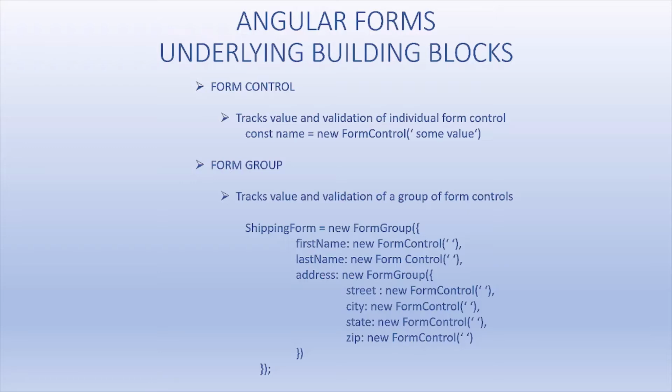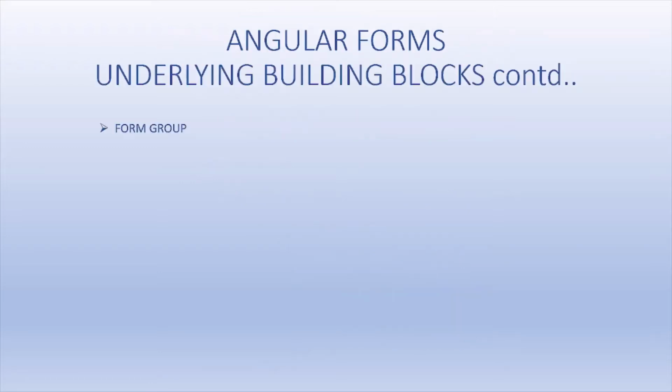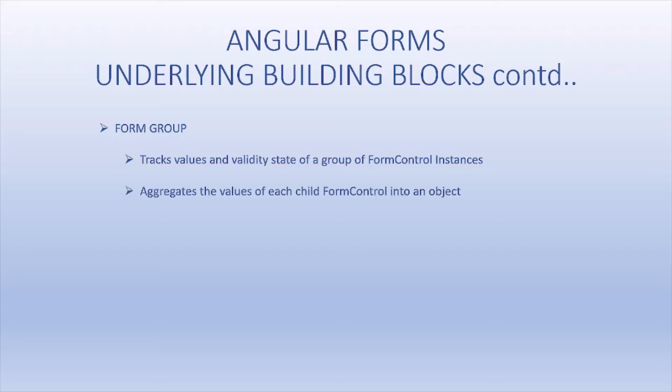Continuing with our discussion on form groups, we've seen that the form group allows us to track value and validity state of a group of form control instances. The form group would aggregate the values of each child form control into an object. What does that mean? The form group basically would be an object with the properties as the controls, right?